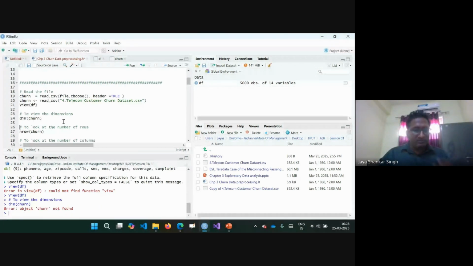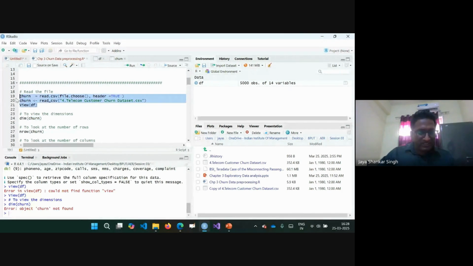Okay, churn object not found. Now what happened here? I'm using a different name for the variable where my data is read in this particular session, and that was reading into df. So what happened?